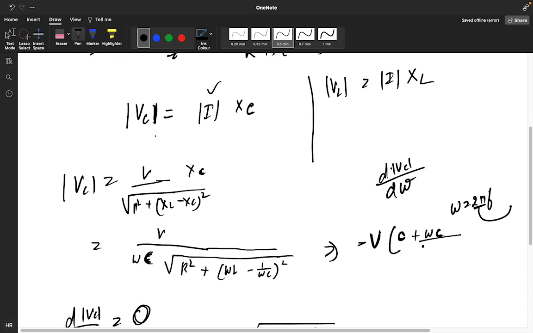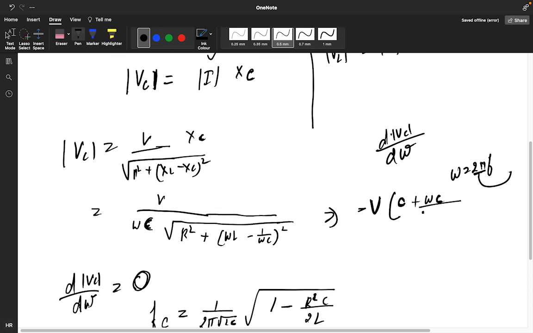So for that I need to differentiate with respect to frequency, and I'm differentiating with respect to omega, because we have taken everything in omega. If you want to do it directly with frequency, write it like this: 2 pi f L minus 2 pi f C, and differentiate dou VC by dou fc.